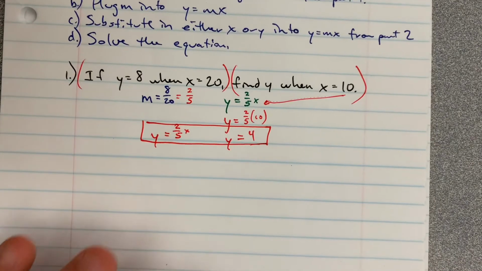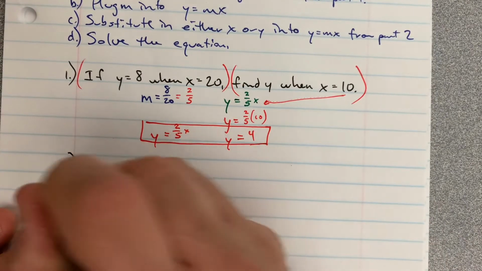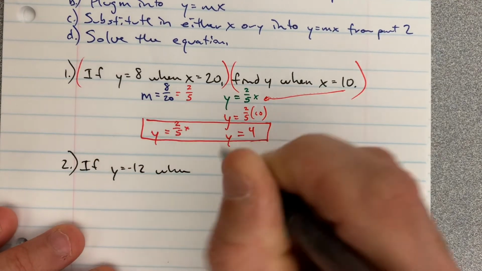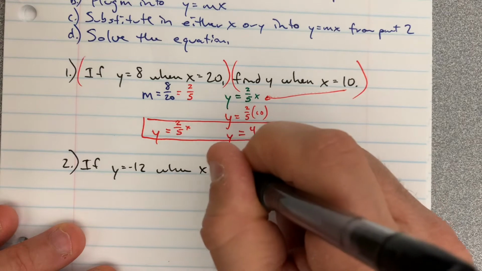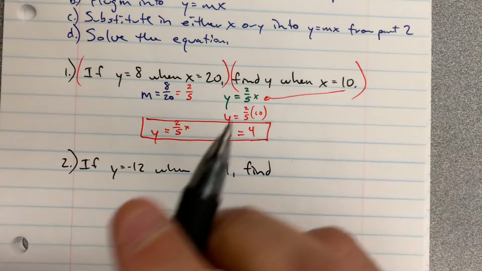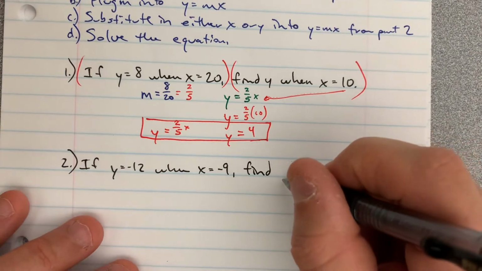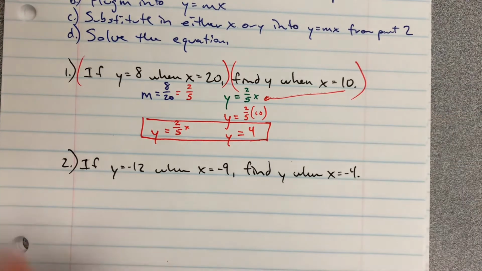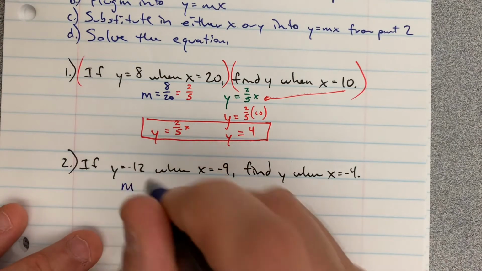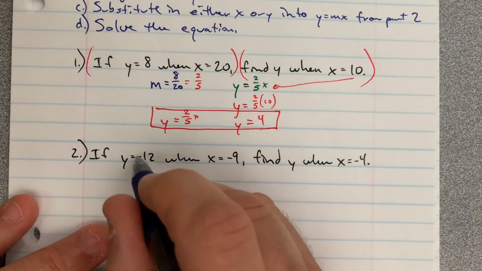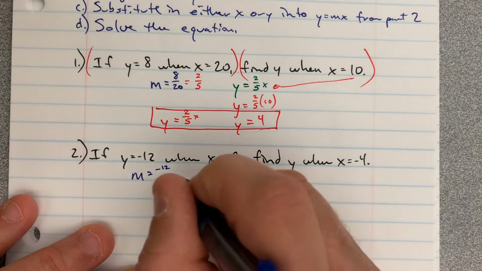All right, let's look at another one. If y equals negative 12 when x equals negative 9, find y when x equals negative 4. We're going to find our slope. Our slope is m, and from up here, it's y over x. Y is negative 12, x is negative 9.